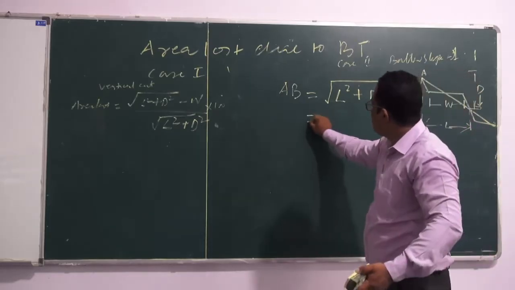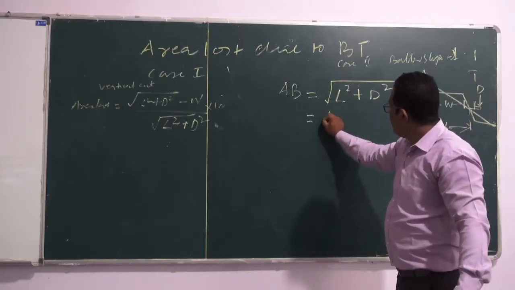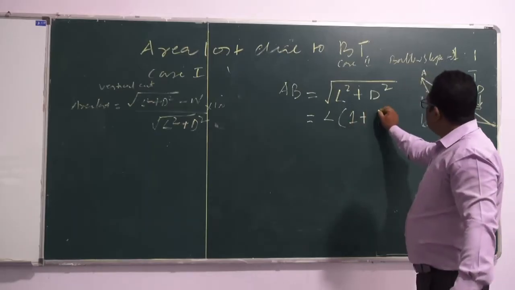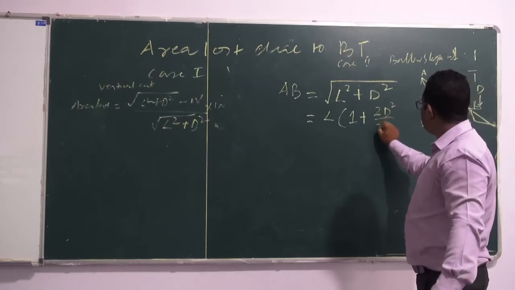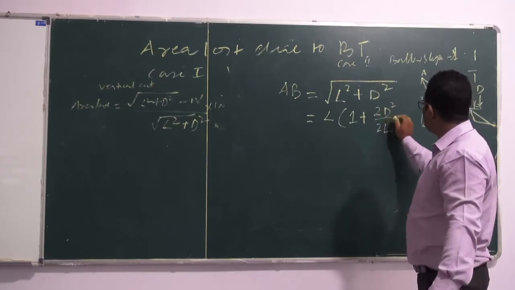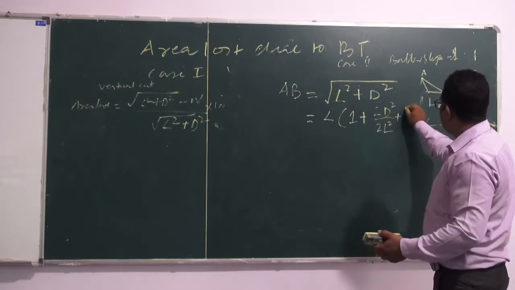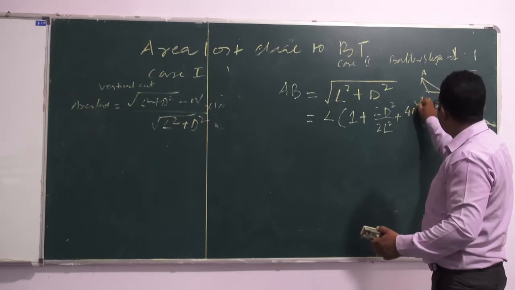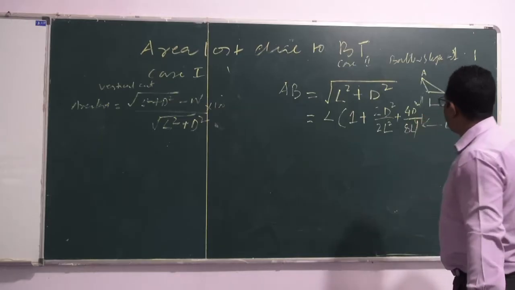And if we take out this L and expand this series, it will look like L into 1 plus D square by 2L square plus 4D square by 8L to the power 4.